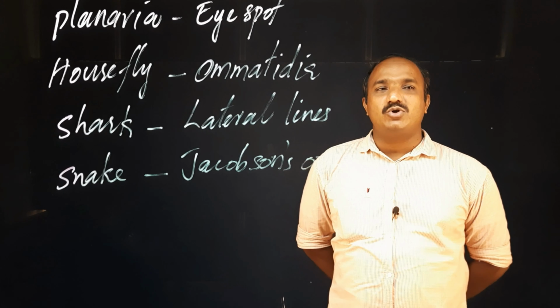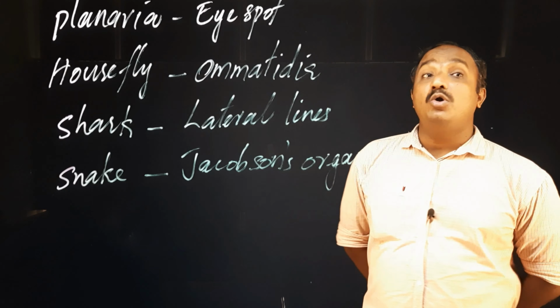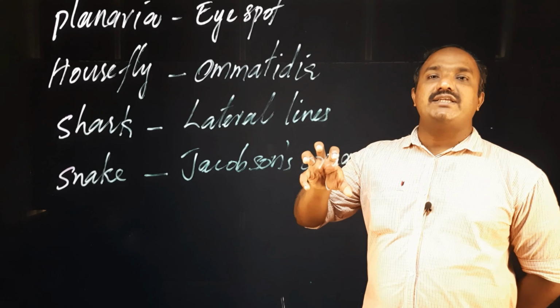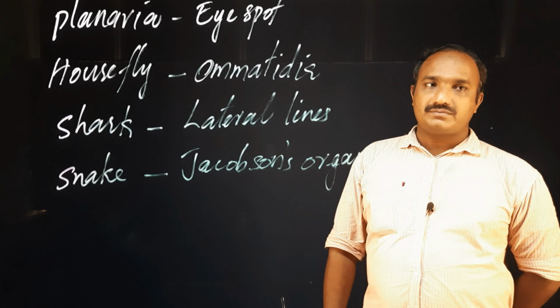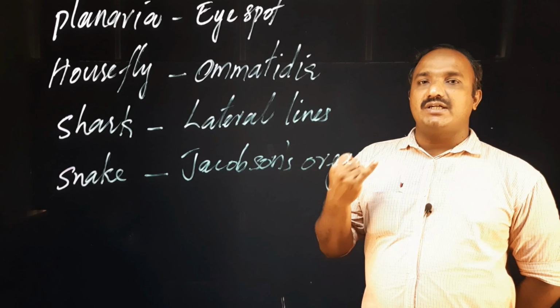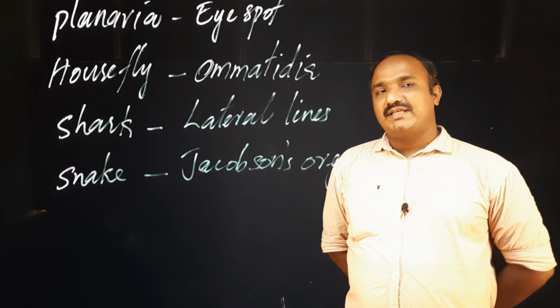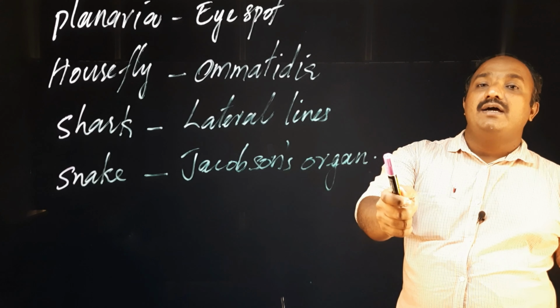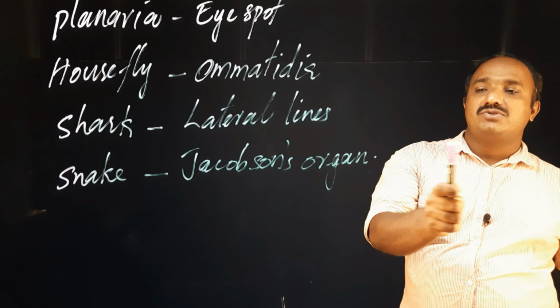So the Jacobson's organ of the snake contains olfactory receptors, means receptors for detecting the smell. So from the smell, snake can understand the danger and everything, and it can escape. Clear? So Jacobson's organ contains olfactory receptors.